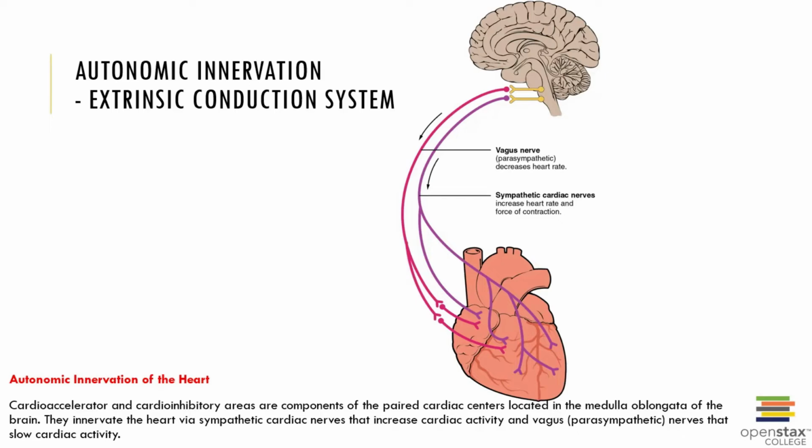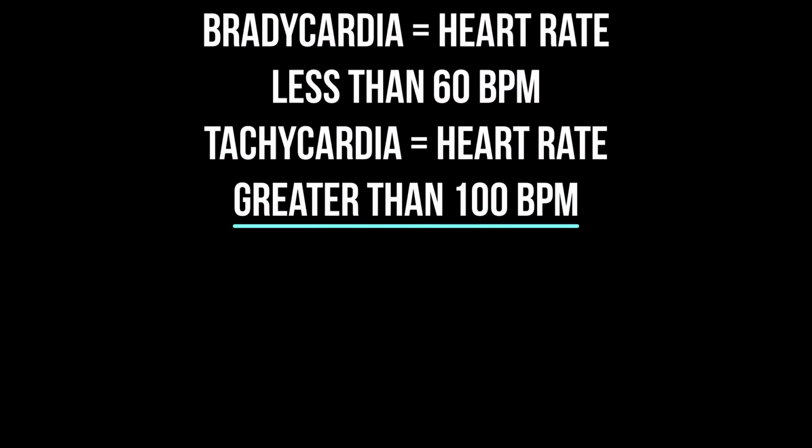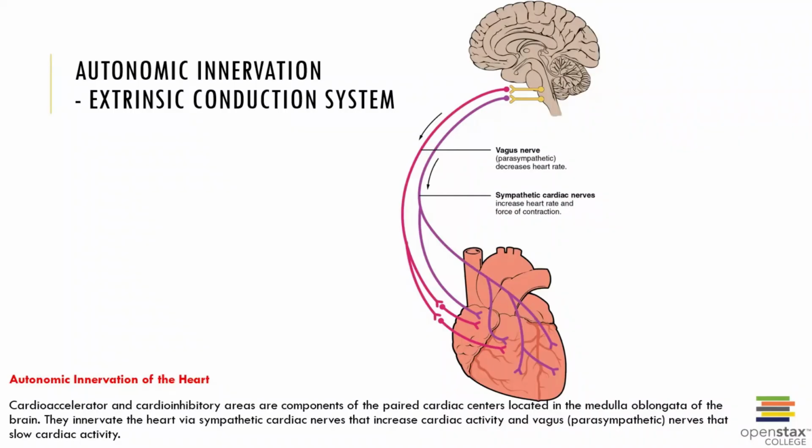So if someone has tachycardia, they have a heart rate greater than 100 beats per minute. And again, those are the metrics for the adult heart rate normal range. So 60 to 100 being normal, once again. Anything below 60 will be considered bradycardia. Anything above 100 would be considered tachycardia.